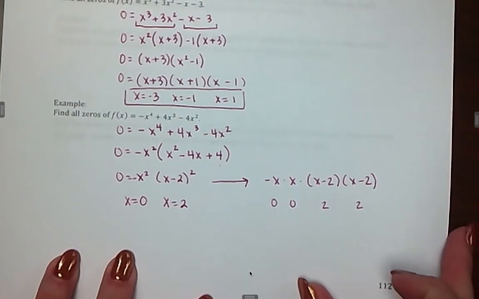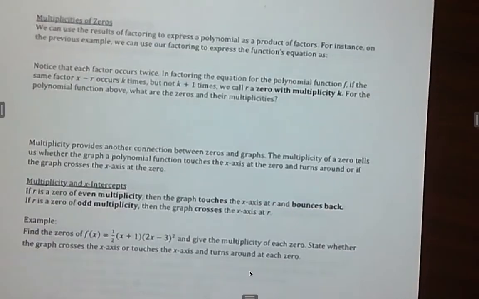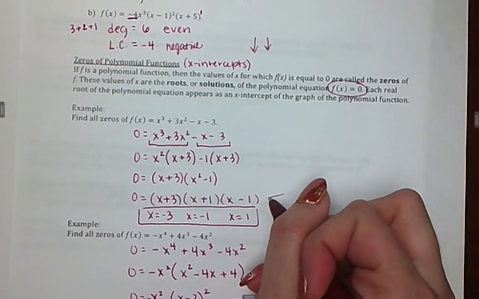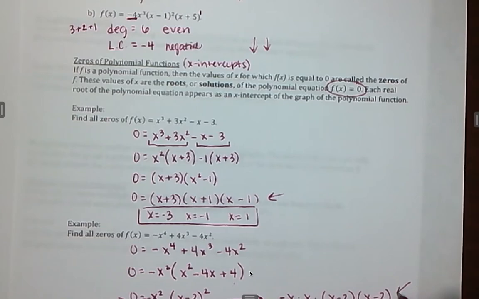Okay, so we kind of just talked about this next first part. Multiplicities of zeros. We can use the results of factoring to express a polynomial as a product of factors. So that's what we just did here, and here, or this one, whichever one you want to look at.